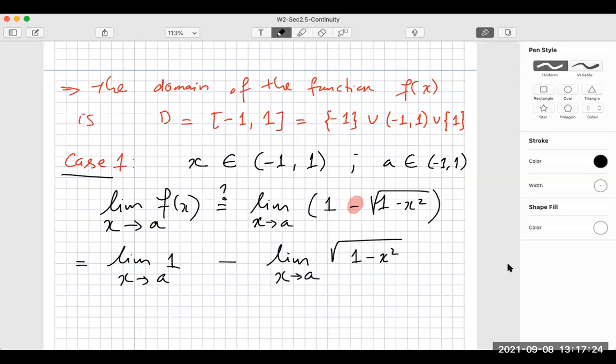Then, what is the limit of a constant? Yes, it's a constant here and here.